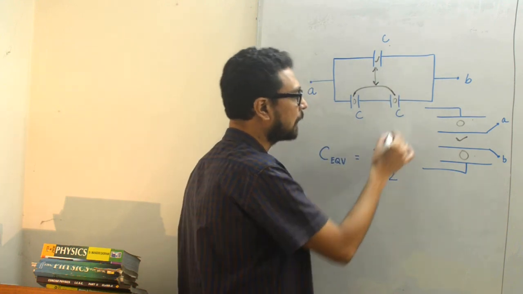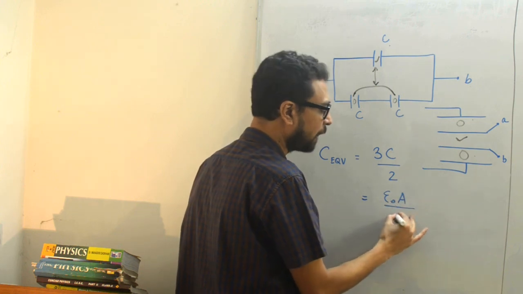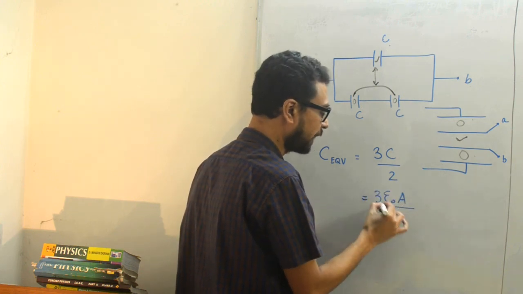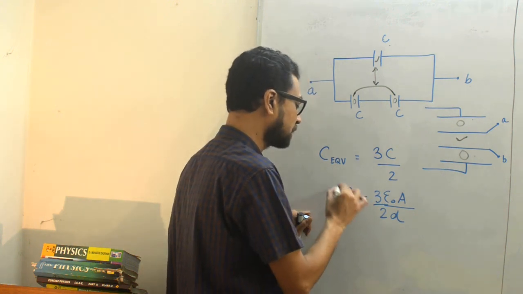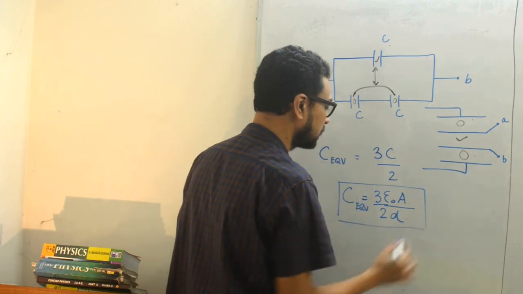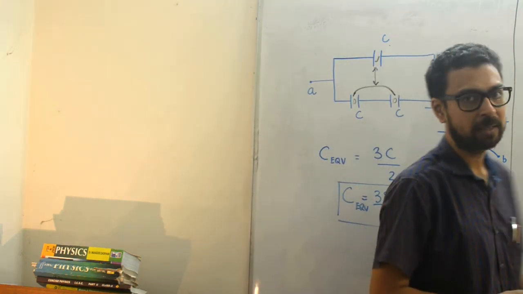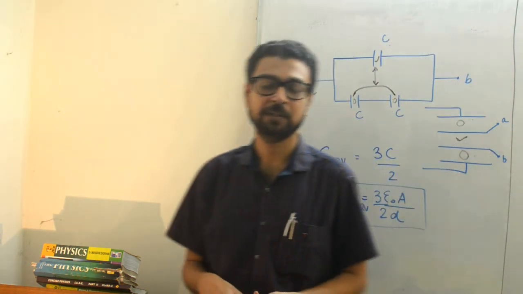Each of these capacitances is epsilon naught A by D, since this is a parallel plate capacitor. So C equivalent here is 3 epsilon naught A by 2D. This is the final expression of this given problem.